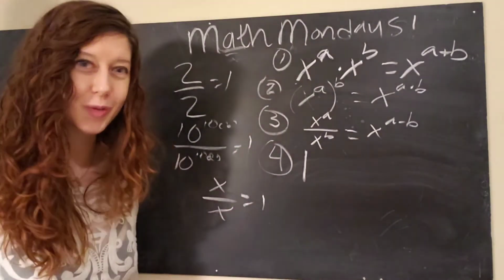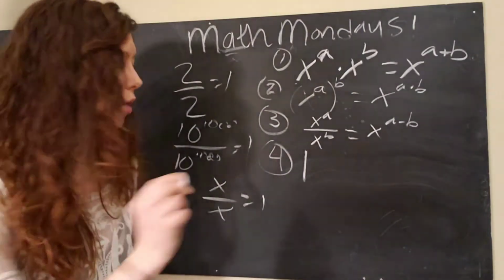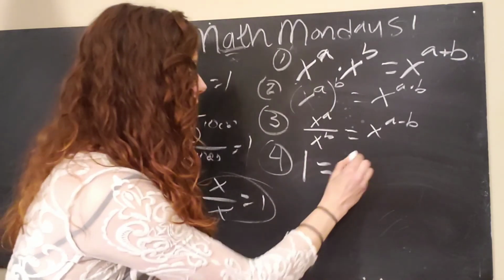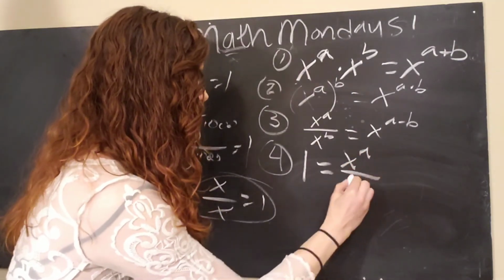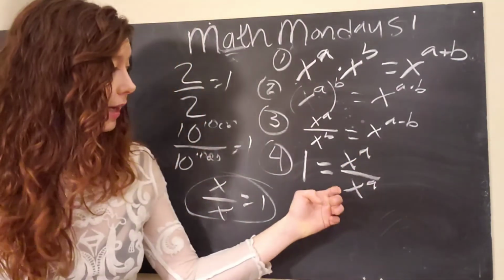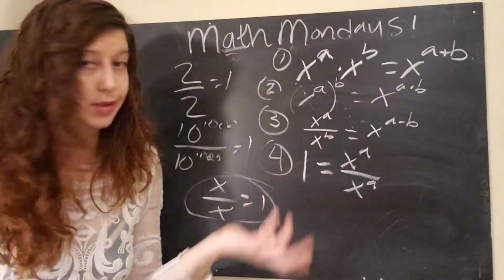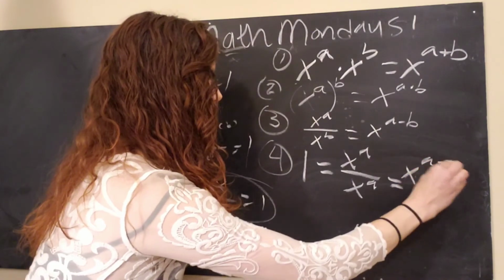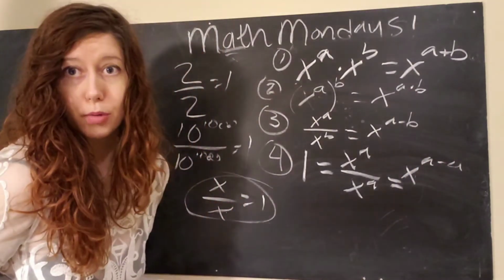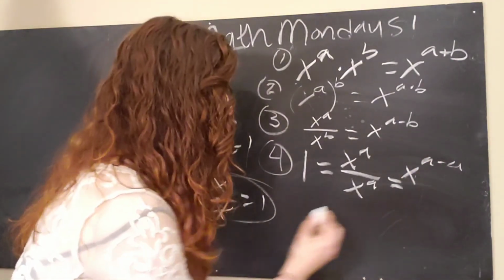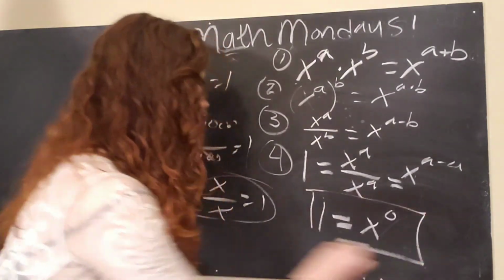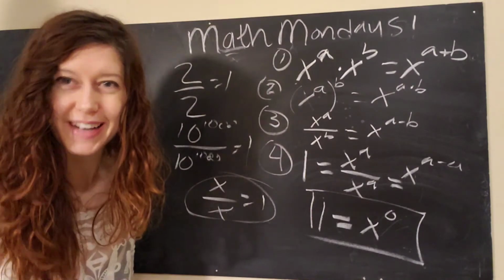Boom, pretty straightforward, right? So we can do the same thing that we did here, but with exponents. So check this out. If I have x to the a divided by x to the a, that equals 1, because they're the same number. But this means that I have x a minus a, and a number minus itself is 0. So all of a sudden, I just showed that x to the 0 is 1.